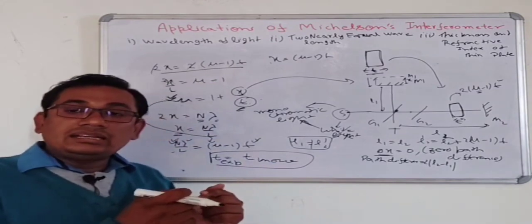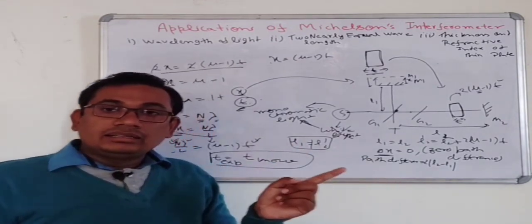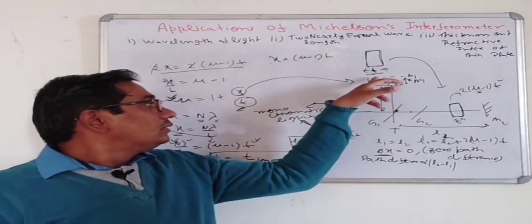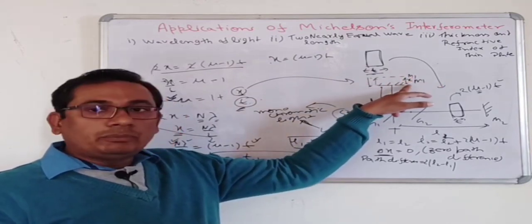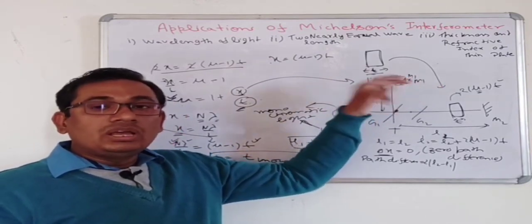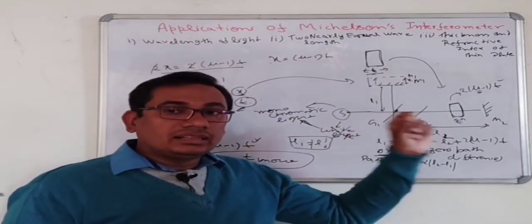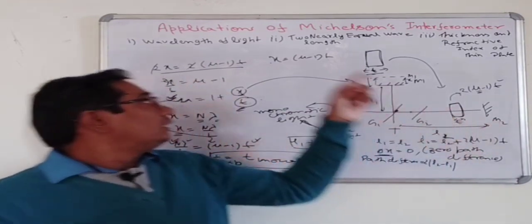Now this white light will be replaced by a monochromatic light. At that condition, you will shift the mirror M1 from its original position with the help of the screw. You will see that a number of fringes collapse at the center because we have used monochromatic light, as we have already discussed.